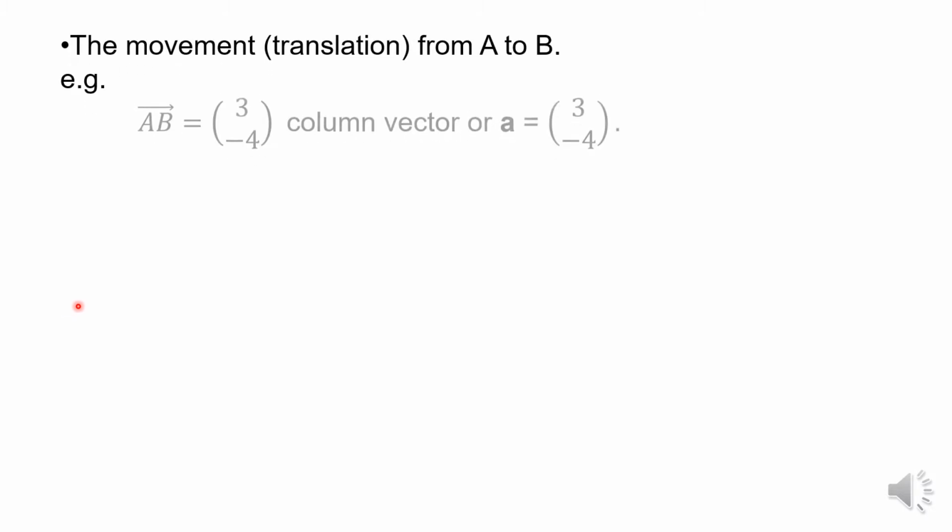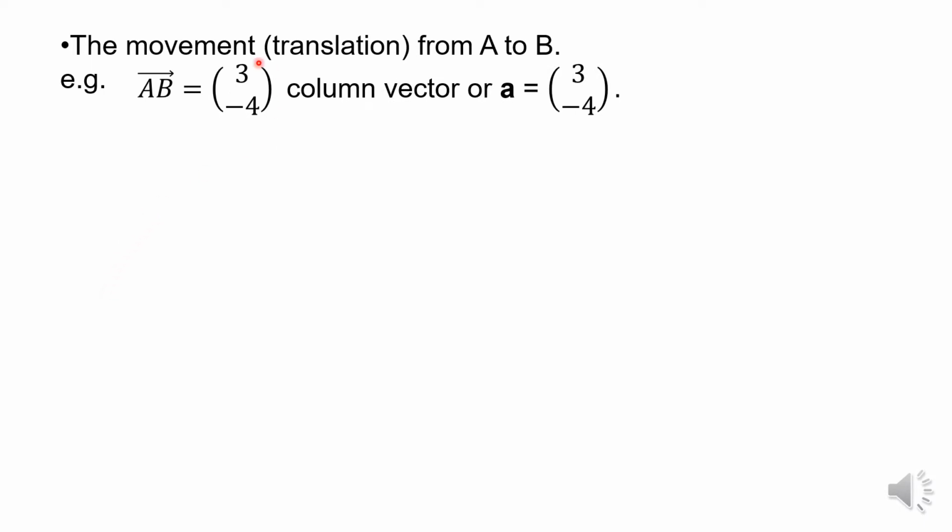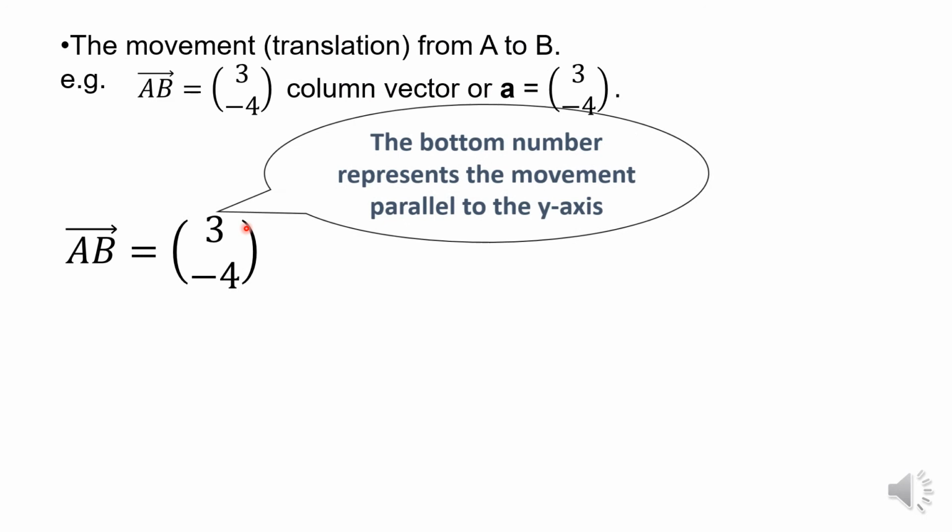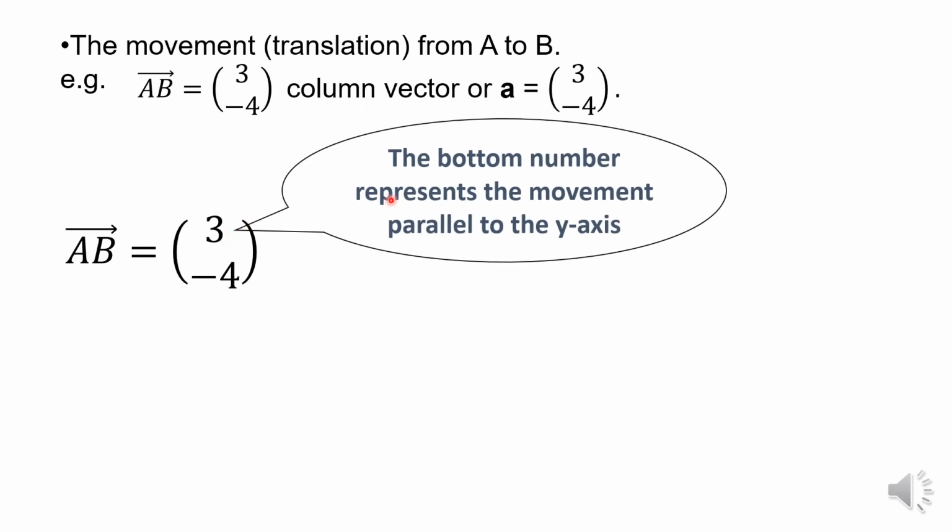So if you have a movement or translation, a sliding movement from point A to point B. So you have got this 3 here and a negative 4. The 3 here, right, which represents your direction, it's parallel to the x-axis, which means you talk about going to the right, going to the left.